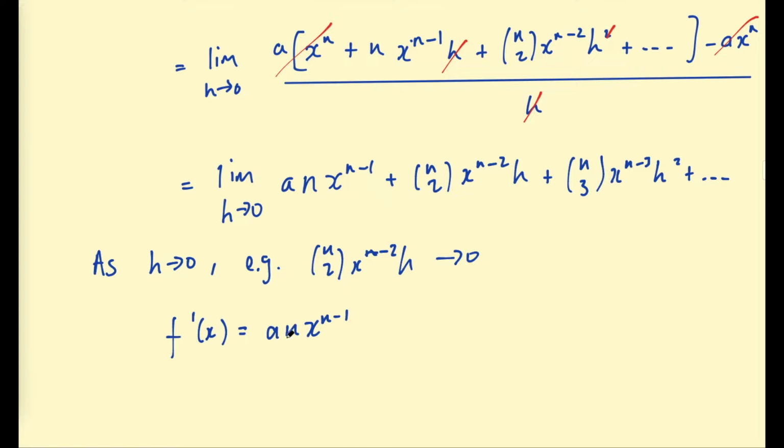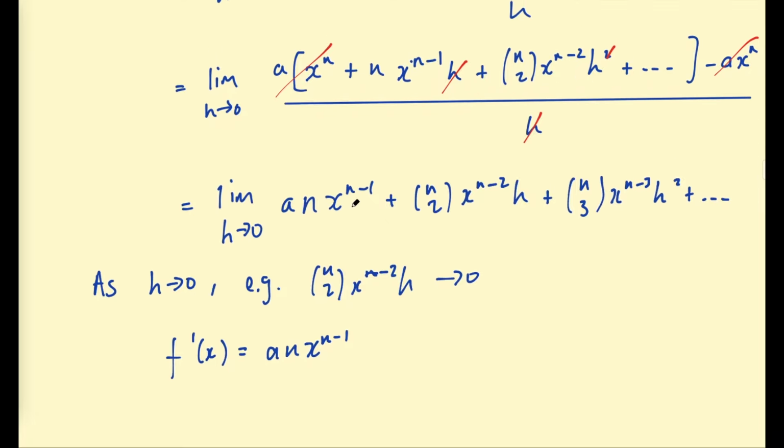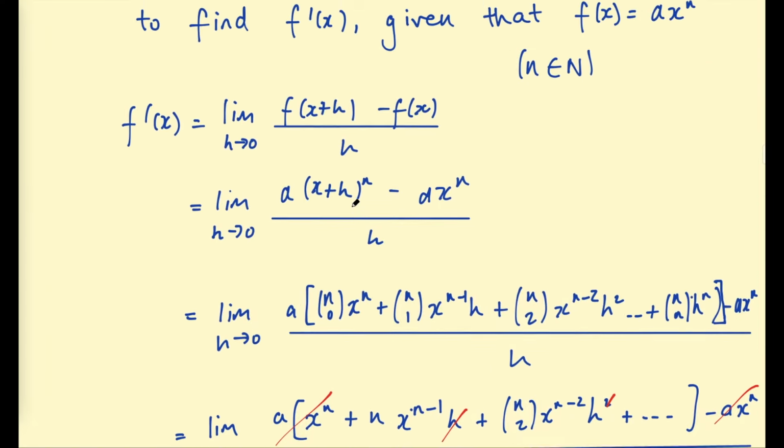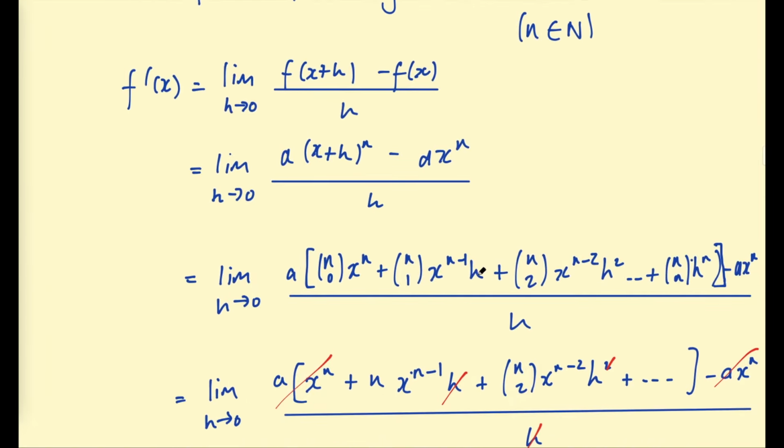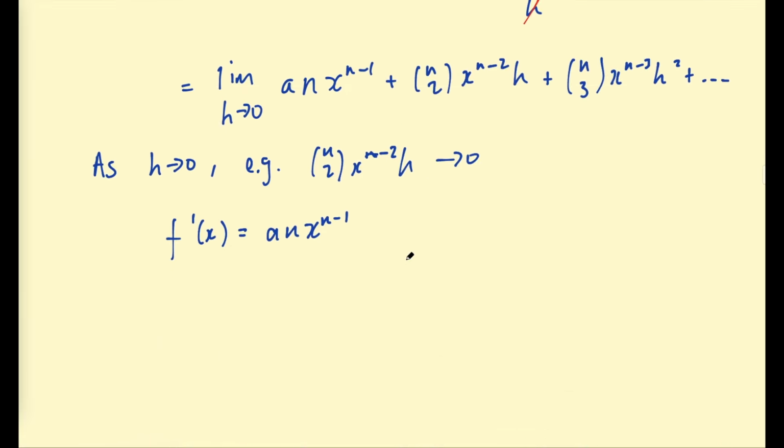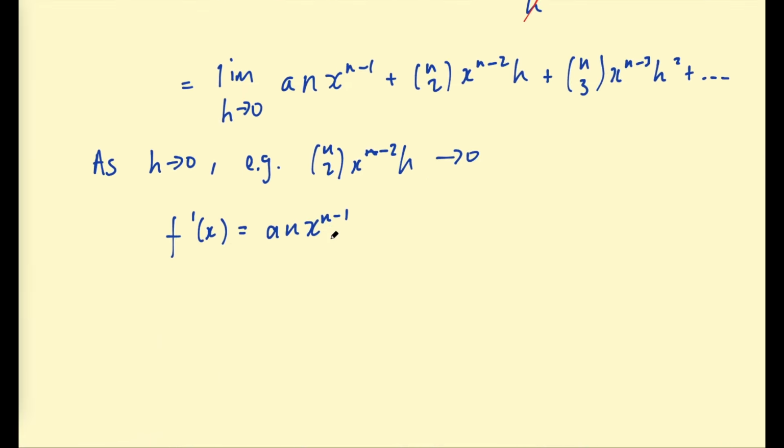Okay, so this is the rule we're going to be using, and that was a derivation for the natural numbers, but this would also work for any real number because these terms, even though the coefficients would be slightly different, the only one we care about, which is n choose 1, would still be the same. It would just be n, or whatever real number you used for n. So this still works whether n is a natural number or a fraction or a negative number. We can still use this rule.